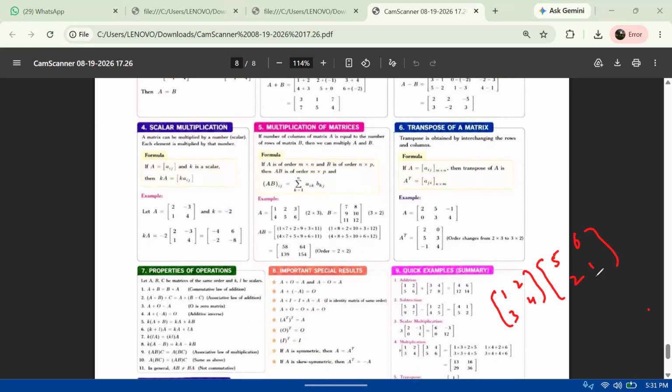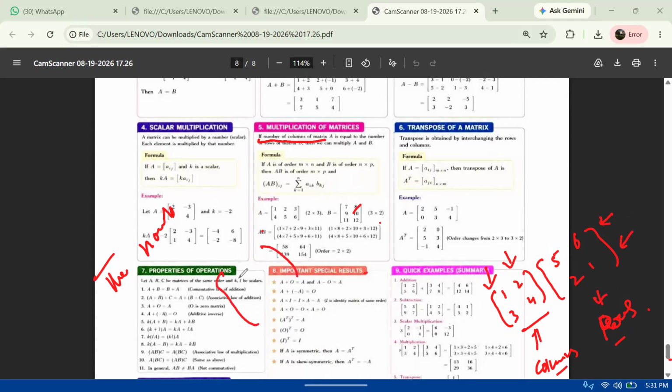For multiplication, you have to remember one condition: the number of columns in the first matrix must be equal to the number of rows of the second matrix. Just look here, the first matrix has two columns, and if the second matrix has two rows, then the multiplication is possible.